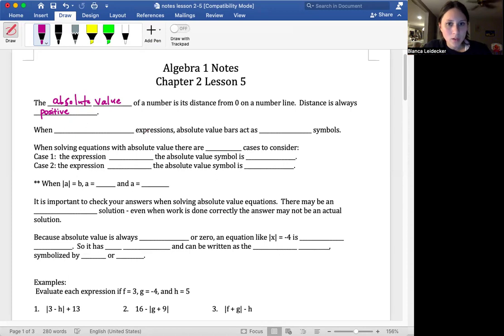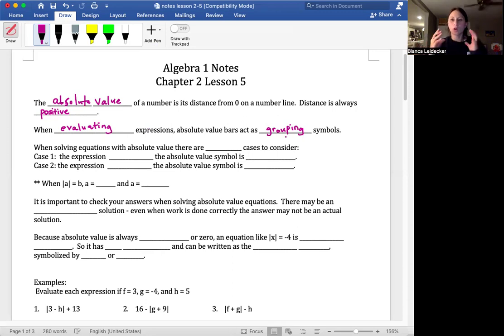When evaluating expressions, absolute value bars act as grouping symbols. So let's write this down and then I'll explain that. What are grouping symbols in math? Well, that would be parentheses. So you kind of look at absolute values like parentheses.